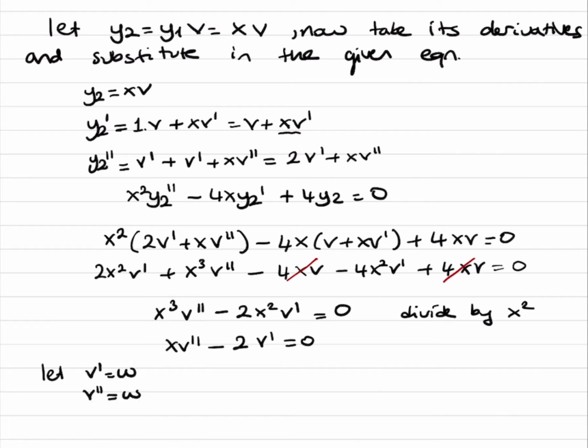Okay, but w was v prime, so w is equal to v prime is equal to x squared. So if v prime is x squared, then what is v? So we are looking for v, right? So this is x cubed over 3 plus c.